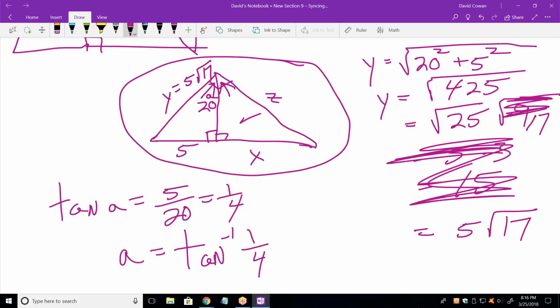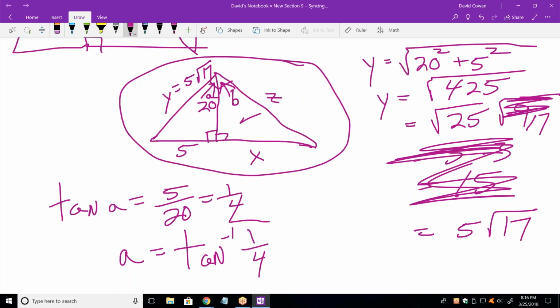But nonetheless, we solved for y. And now, if we can solve for angle A, we'll know what angle B is. And once we know what angle B is, then we can use more trig functions to solve for x and z. Okay.